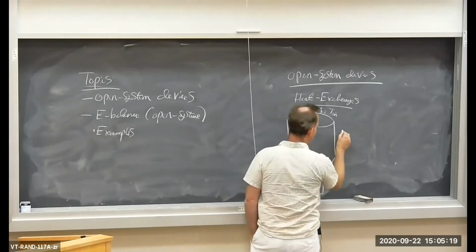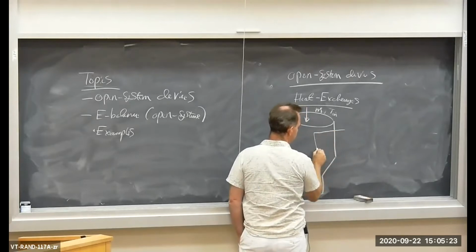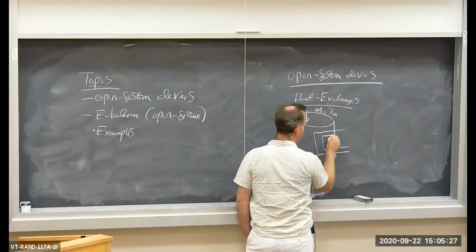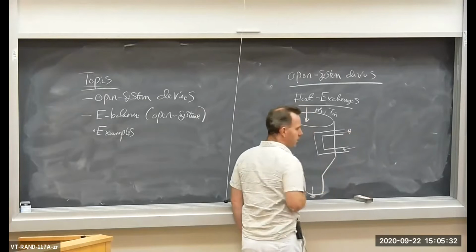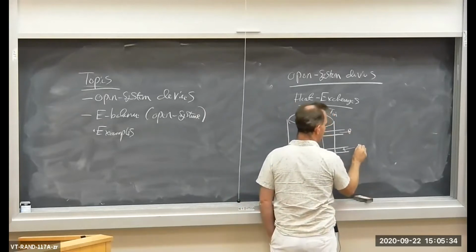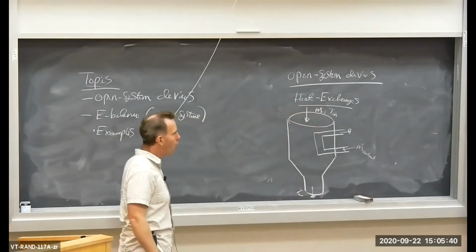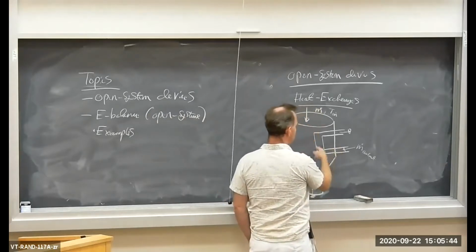Well, let's say we have another pipe here in which we're pumping a hot or a cold fluid. Maybe this is a coolant of some kind, M dot coolant. So we have some sort of a cold fluid being piped in through this pipe.